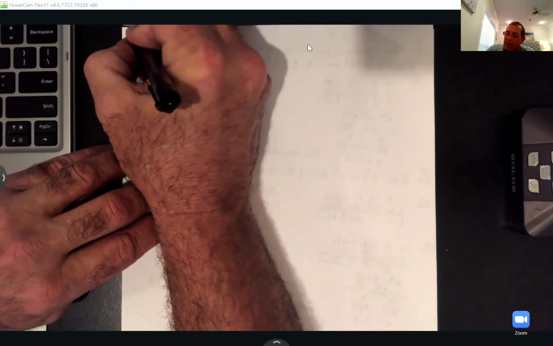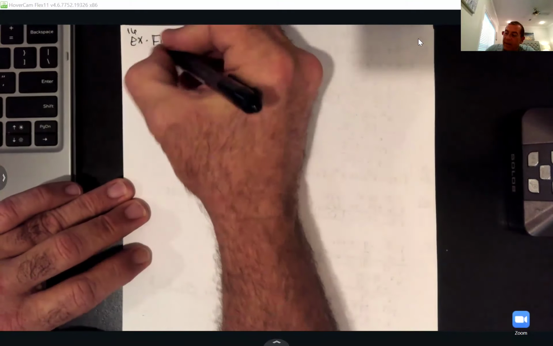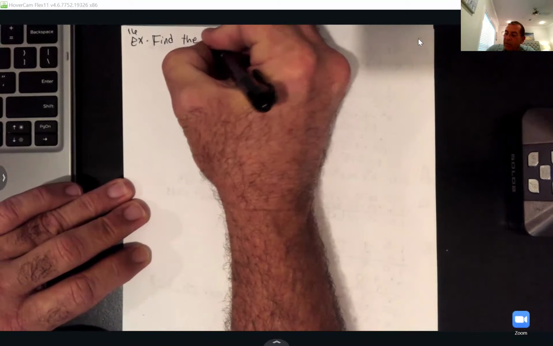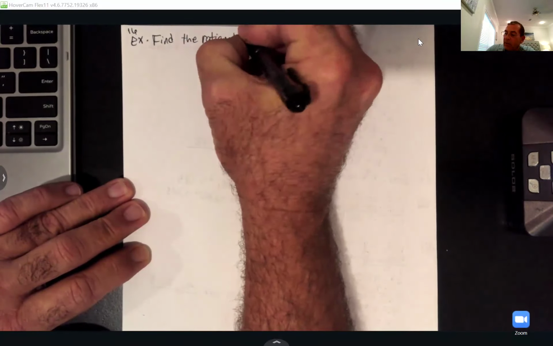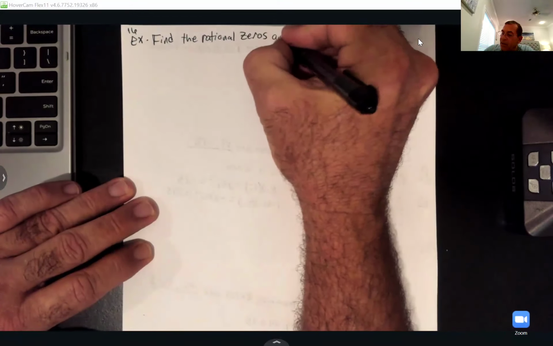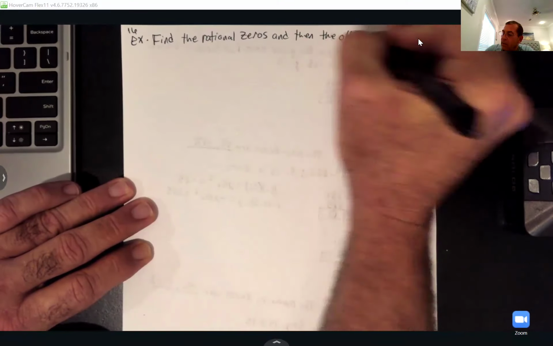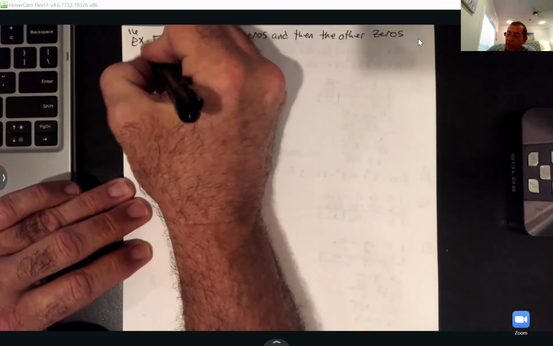So this problem I'm about to do will be like number 16. The last three were 16, 17, and 18, and they're all doing the same thing. They're going to say, find the rational zeros and then the other zeros of the polynomial.